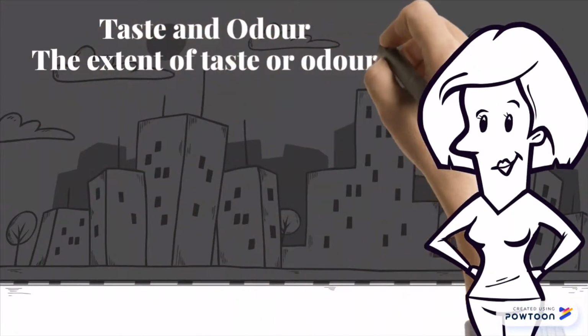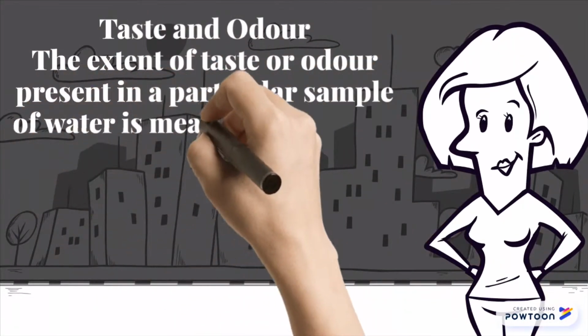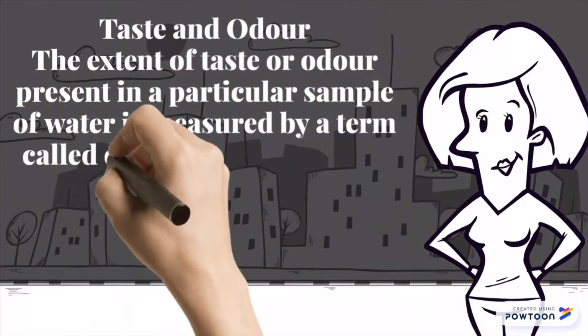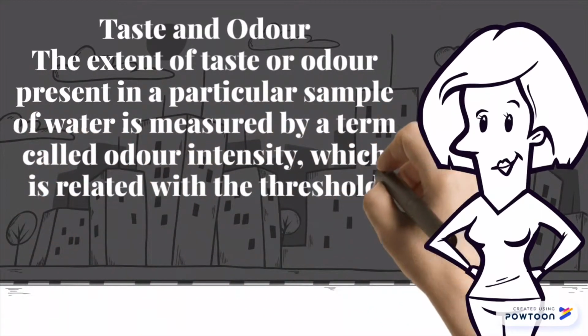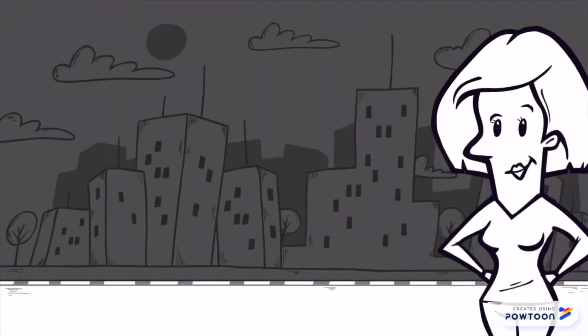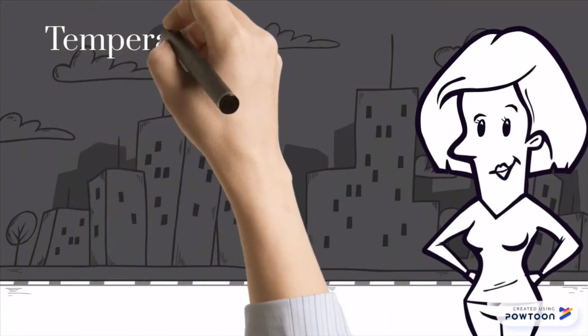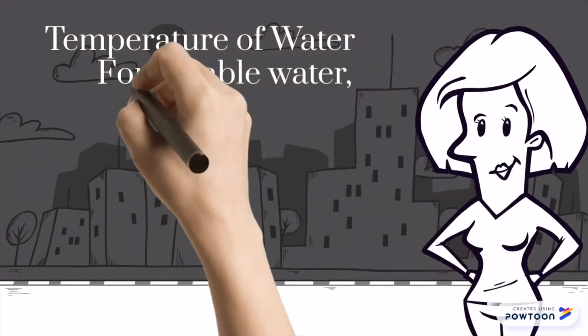Taste and odor. The extent of taste or odor present in a particular sample of water is measured by a term called odor intensity, which is related with the threshold odor or the threshold odor number. Temperature of water.